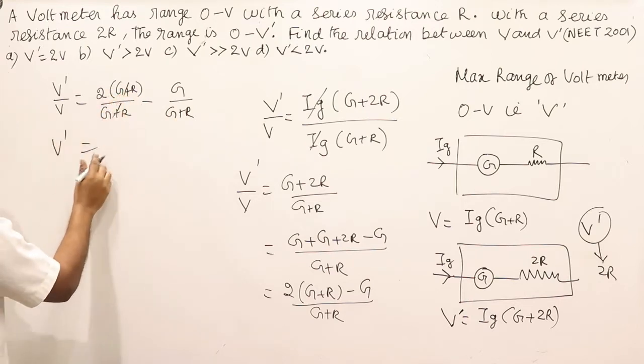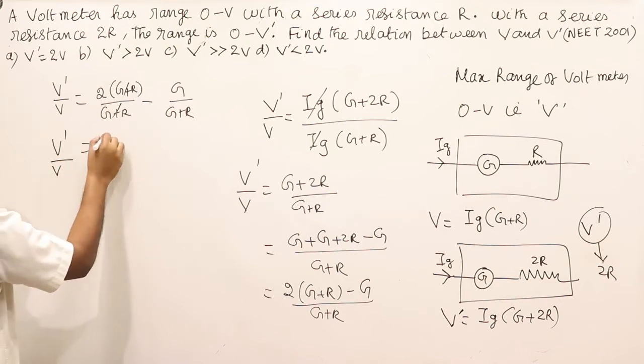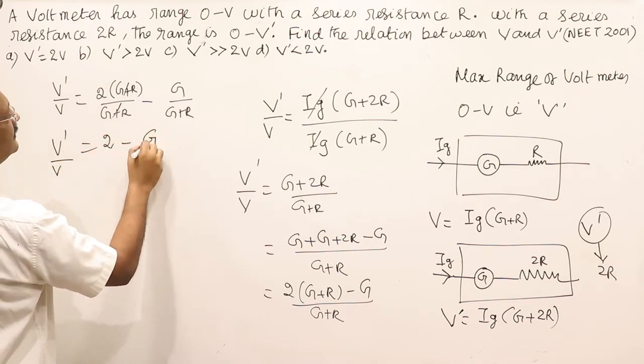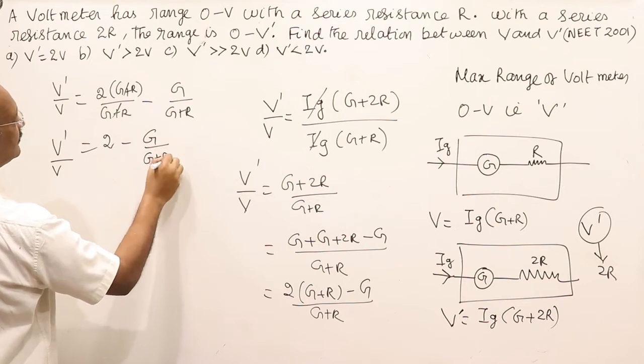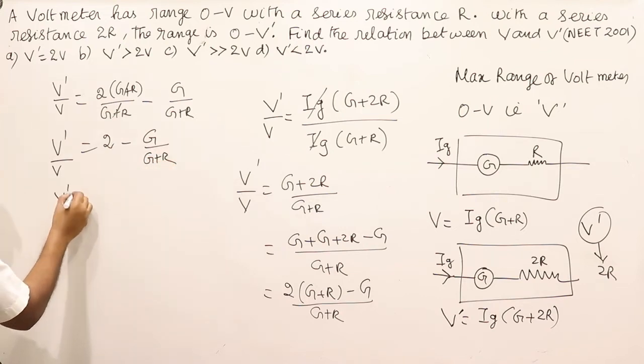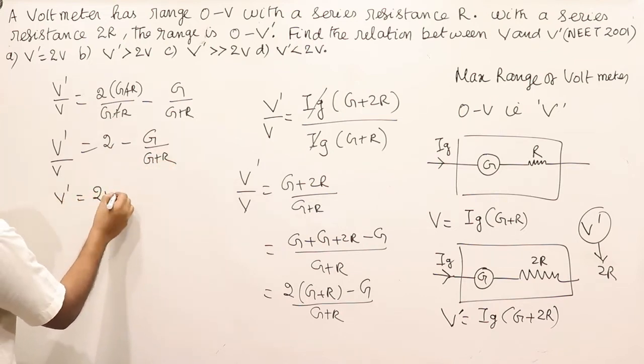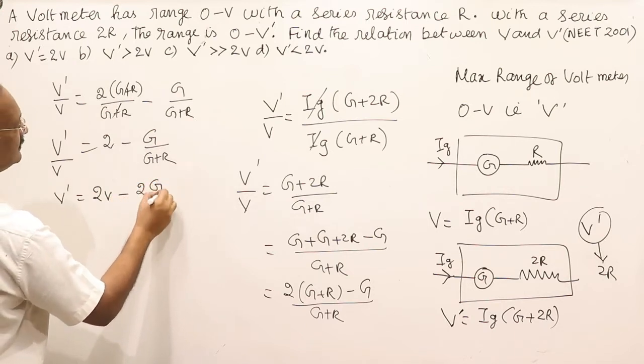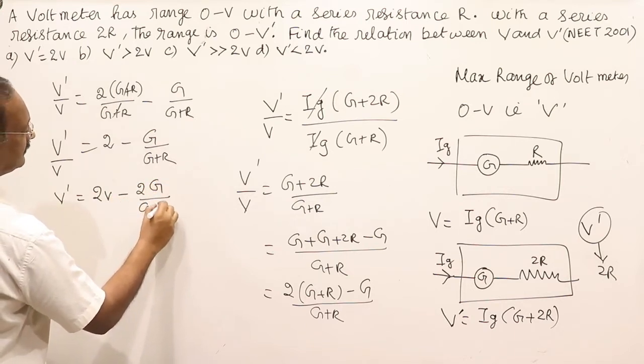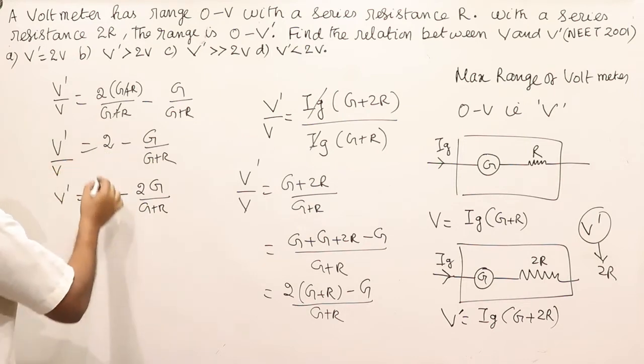V dash by V is equal to 2 minus G divided by G plus R, or V dash is equal to twice V minus G into V divided by G plus R.